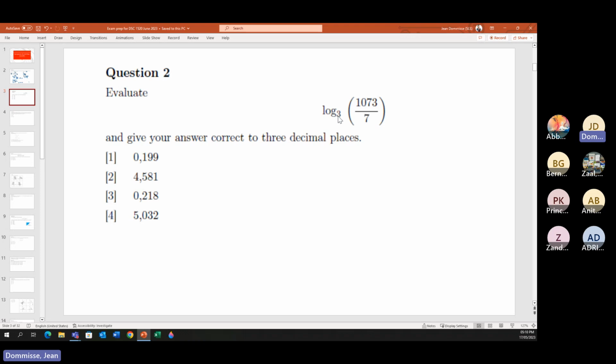So you can use your calculator. Most of the current calculators, you can put that into the calculator. I just thought, okay, but let's show another way that you can do it. So how this would have been done with the log definition is log of what is in the brackets.